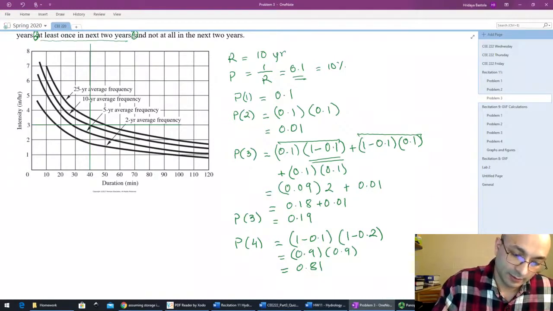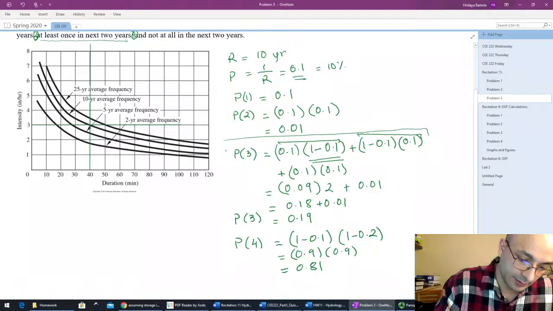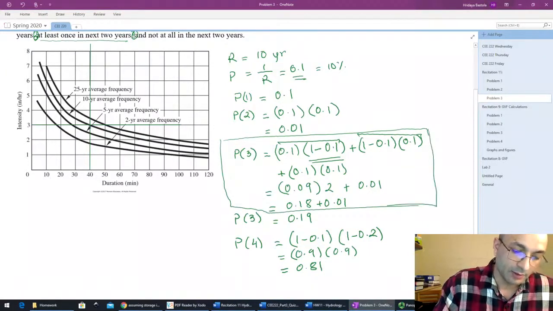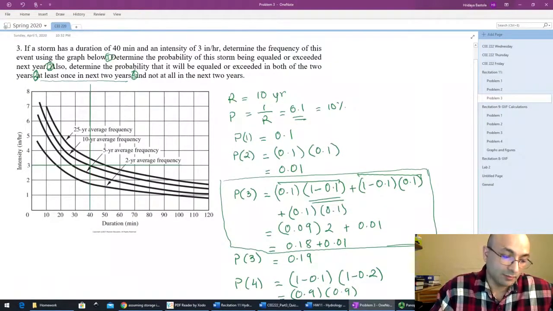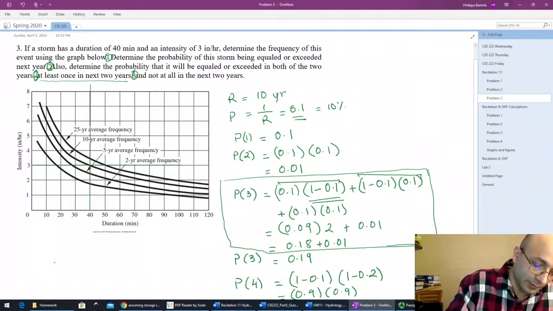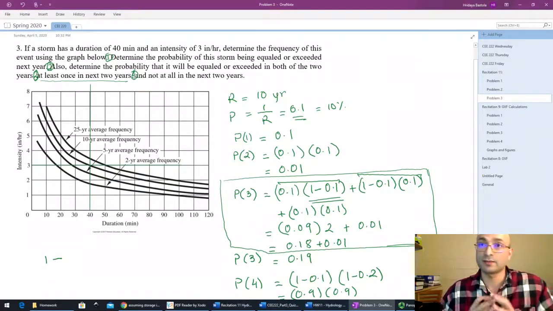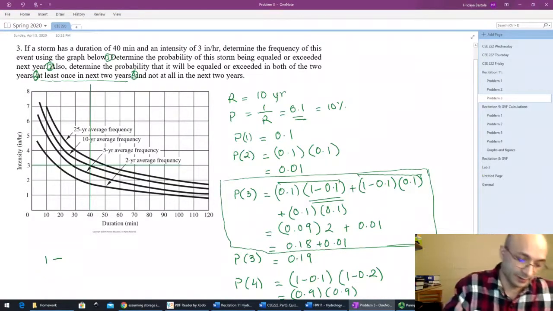And one thing I actually wanted to go back to, there's another way of doing case 3. So you can also look at the probability of such a storm event occurring at least once in the next 2 years as equal to 1 minus the probability of it not occurring in both those years, right?